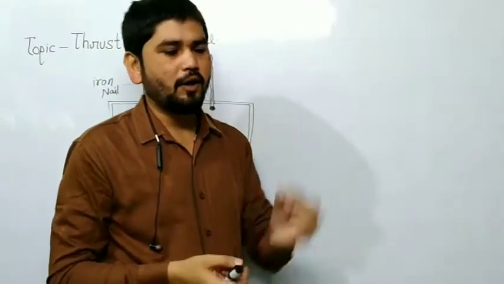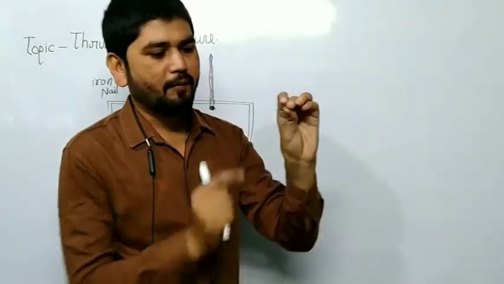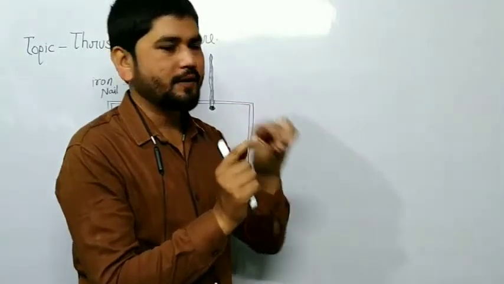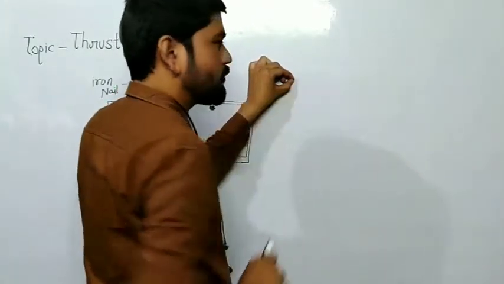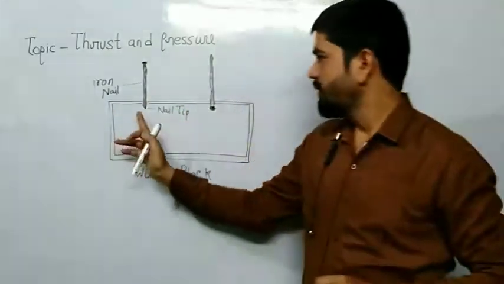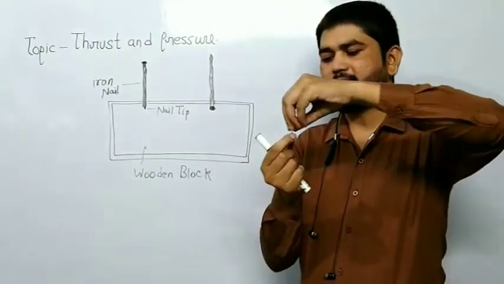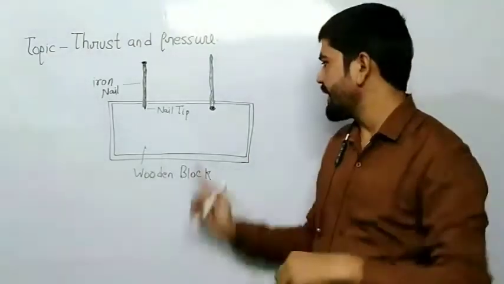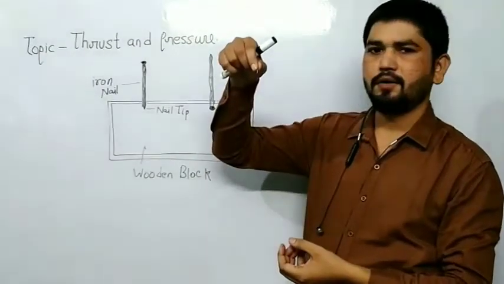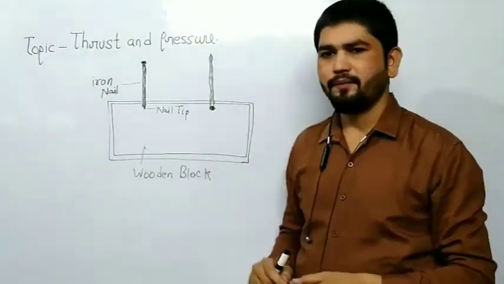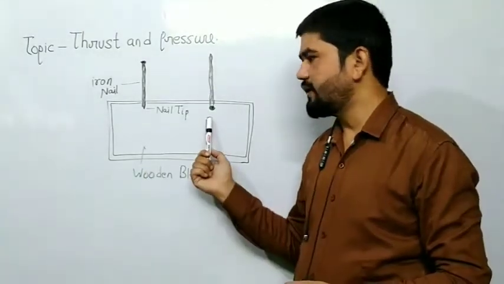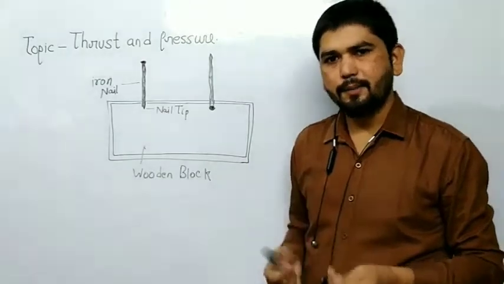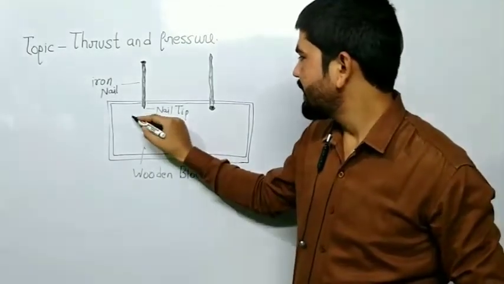Another one, now I am changing it. I am going to apply force on this side and try to embed it. So two kinds are there, one like this, and the second like this. Which one is easier? Simply you will say, sir, the first one is easier.